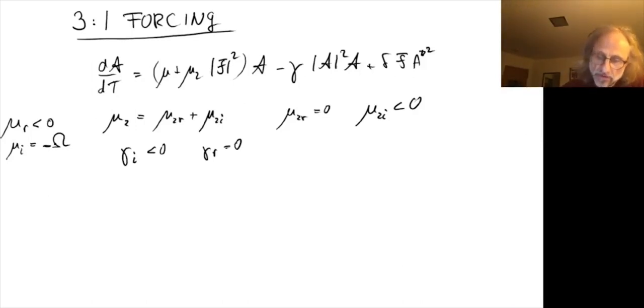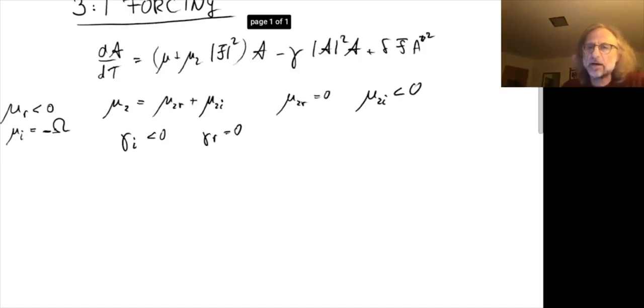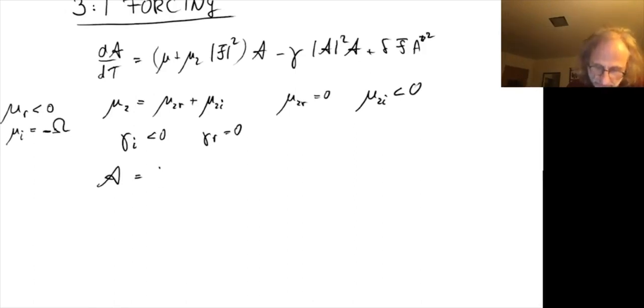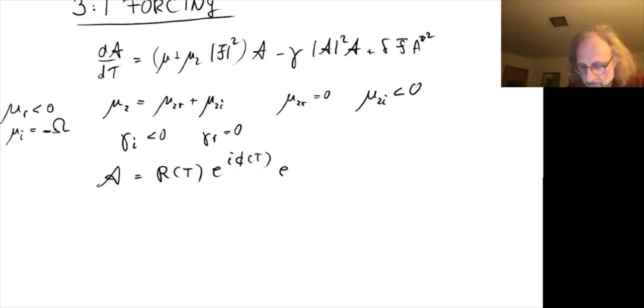In addition, note that delta and f are both complex quantities, so they have some argument, meaning e to the i phi, some phase, but we can choose again a star, we can rotate that to actually eliminate these arguments. So let's write now, to simplify the equation, let's write A as some magnitude times a phase, times e to the i theta.